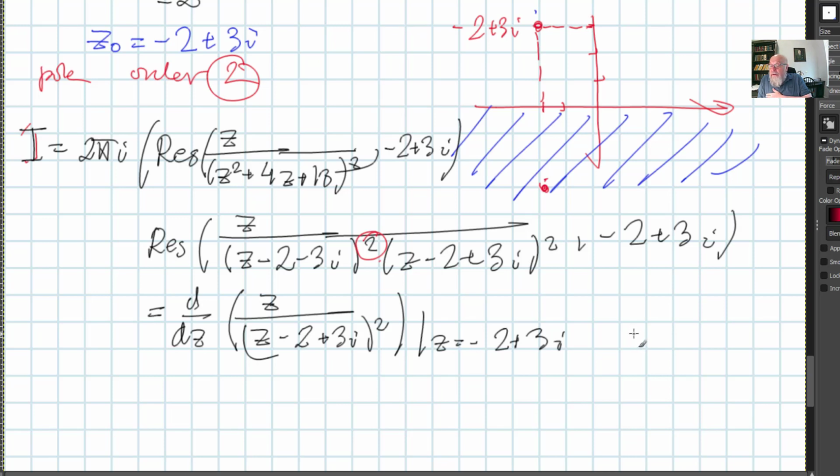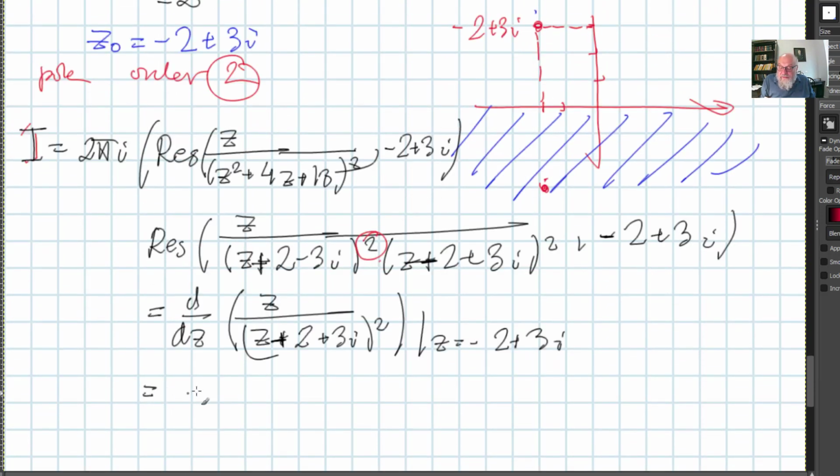Just checking. Yes, except it's plus. This is plus, because that's minus, so this must be plus. And this one is correct. Okay, so let's continue.